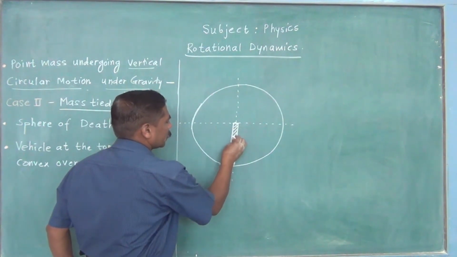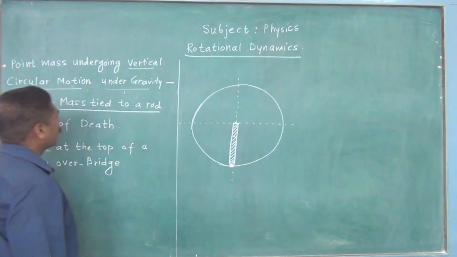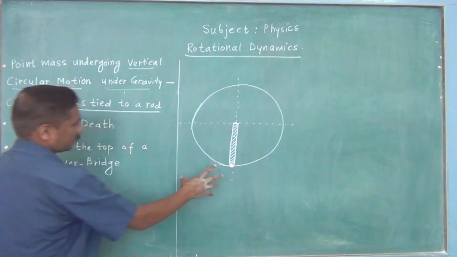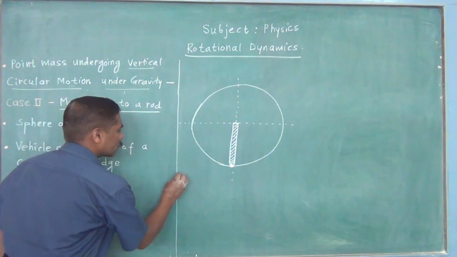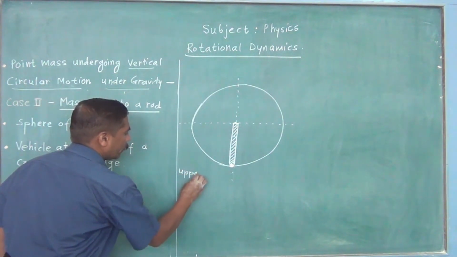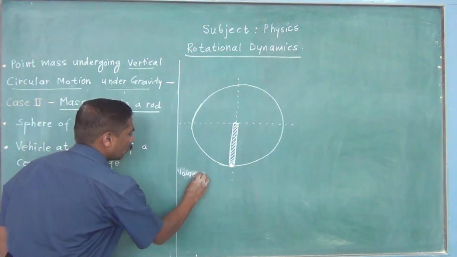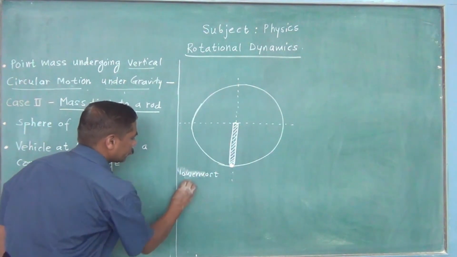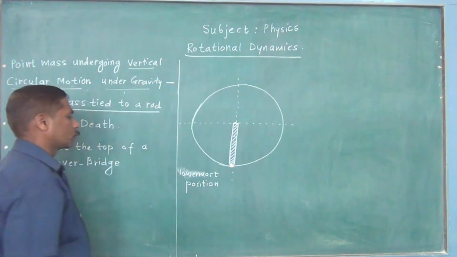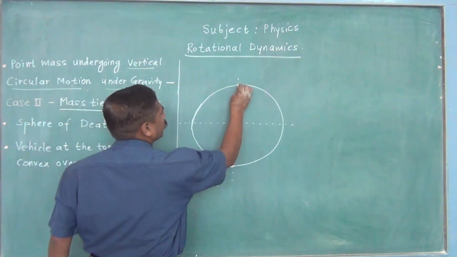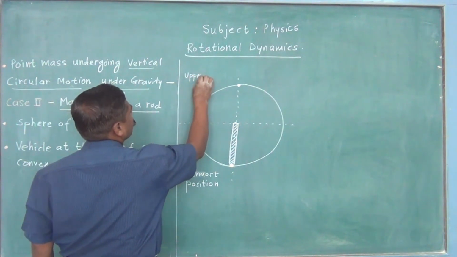So this is nothing but the massless rigid rod, and this is the point mass which we can consider here. This position is considered as the lowermost position, and this position is considered as the uppermost position.